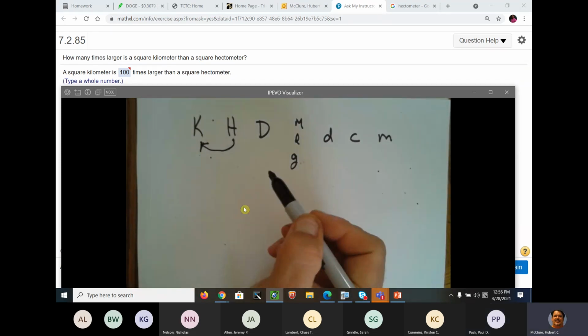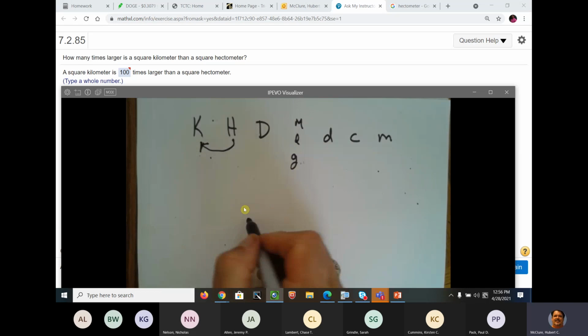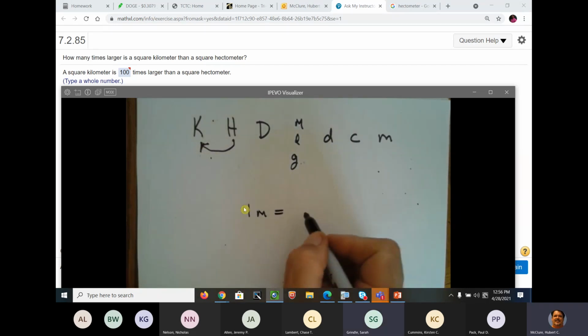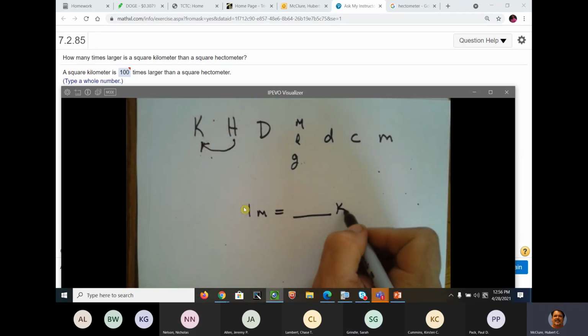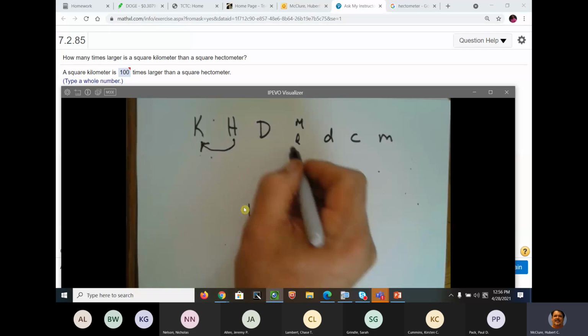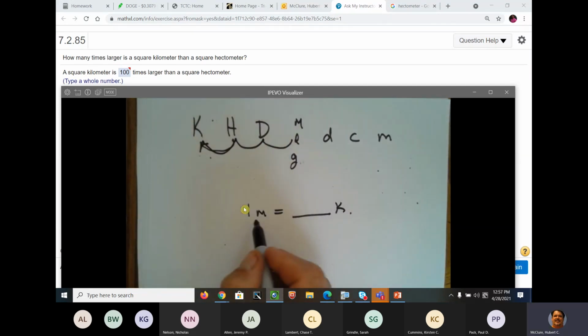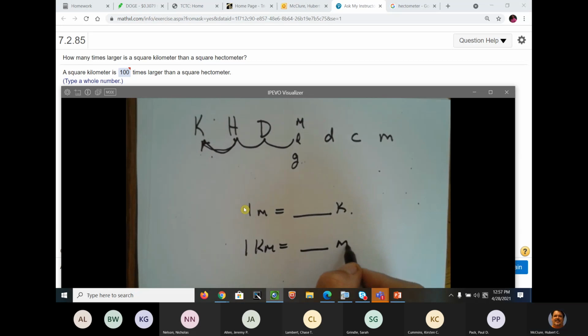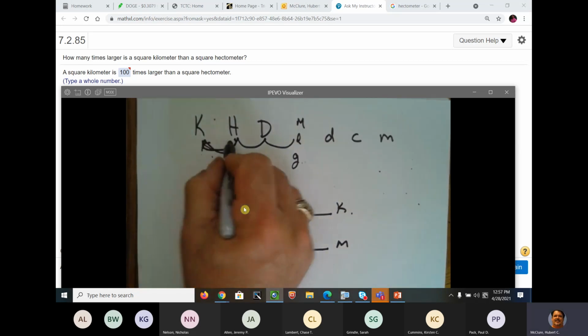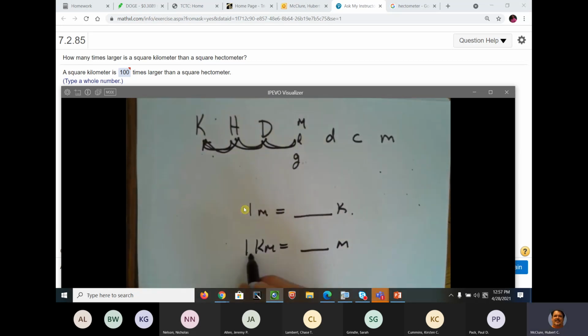Let's check. 1 kilometer is equal to how many meters? 1, 2, 3. 1,000.